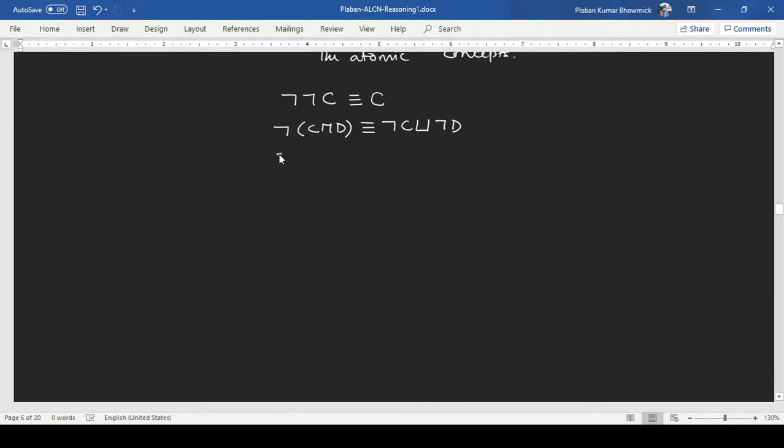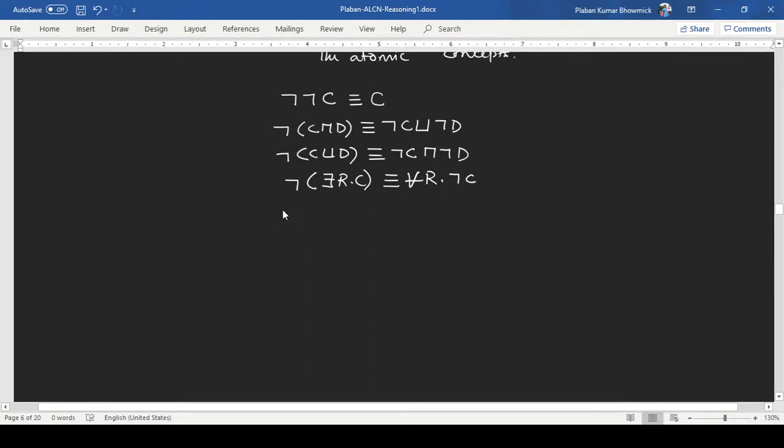And if you have negation of C union D, it will be negation of C intersection negation of D. If you have negation of there exists R.C, the negation would be for all R not C. If you have negation of for all R.C, that is equivalent to there exists R negation C.